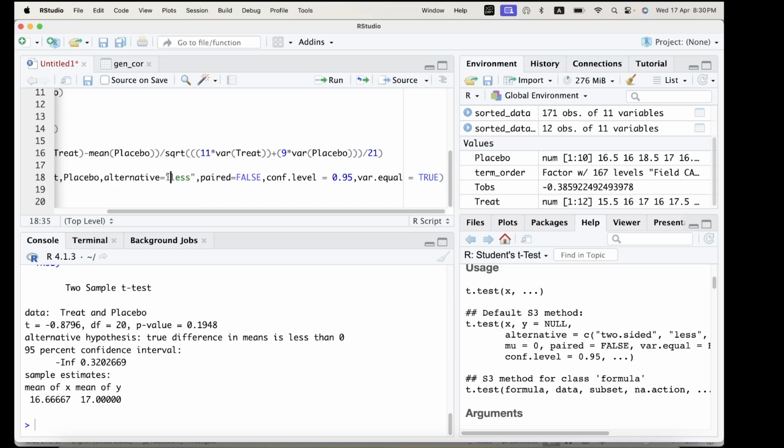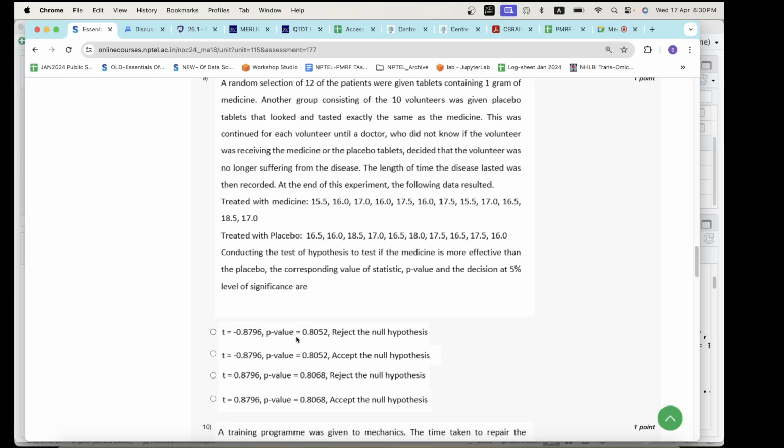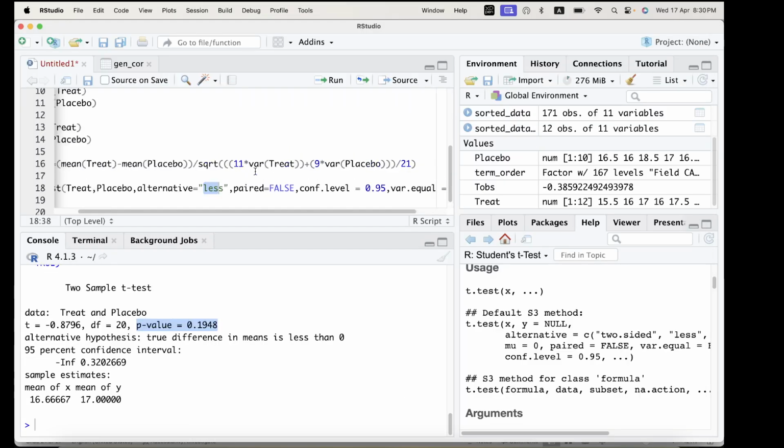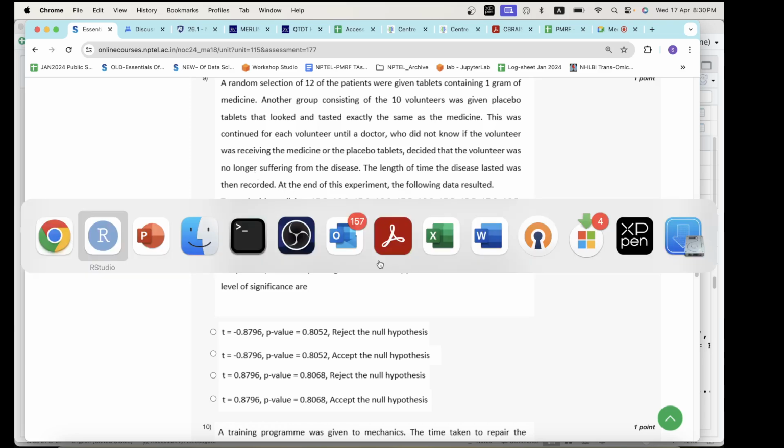An alternate, if it is less, then this is minus 0.8796 and the p-value is this thing. The p-value is definitely incorrectly specified over here. There's no question about it. It should take df equal to 20.